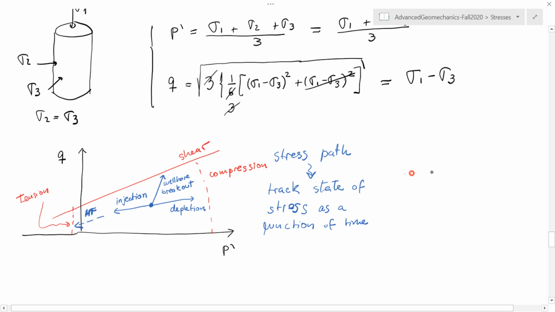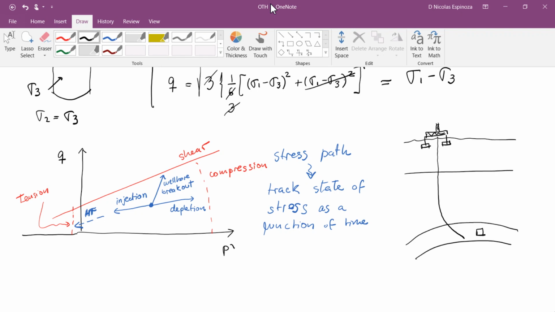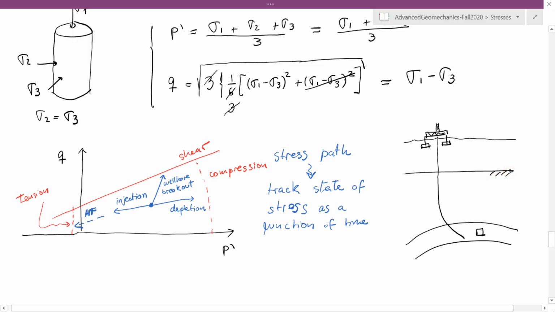So for example, if this is the sea floor and this is an offshore platform, we're interested in knowing what is the state of stress and what is the change in time at this particular site as we change, for example, pressure at this site.